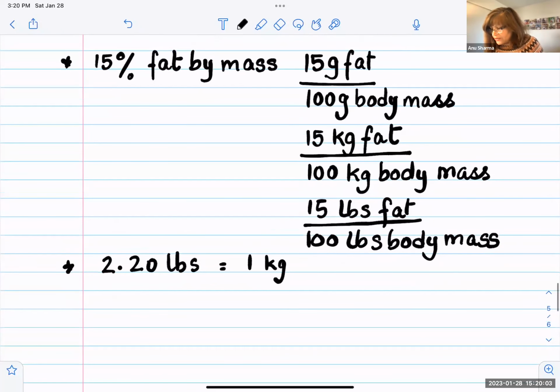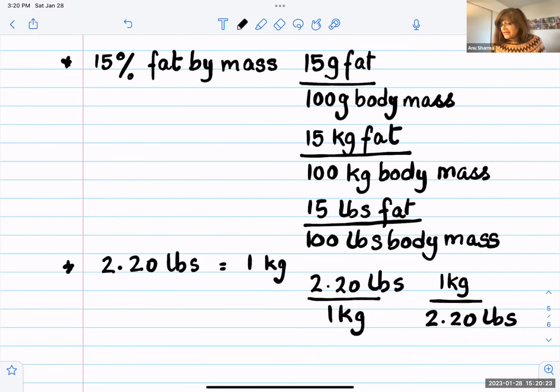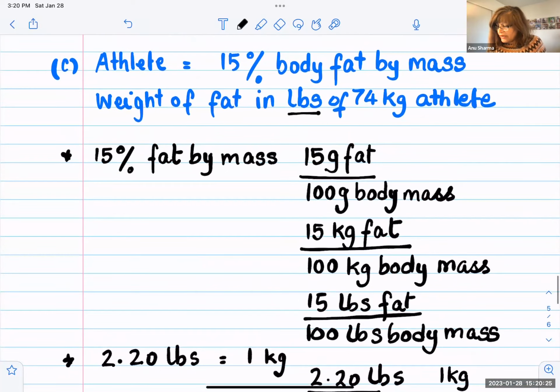And using that, you can create the conversion factors: 2.20 pounds over 1 kilogram, and the other one is 1 kilogram over 2.20 pounds. Okay, so these are the conversion factors. Now let's do the conversion.